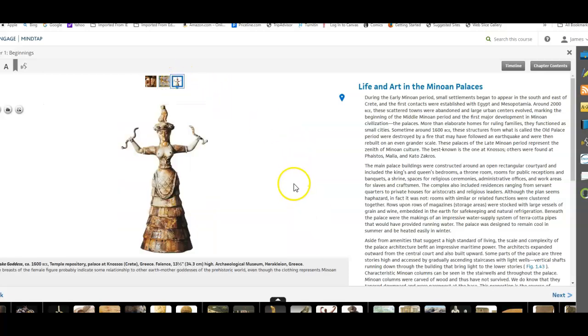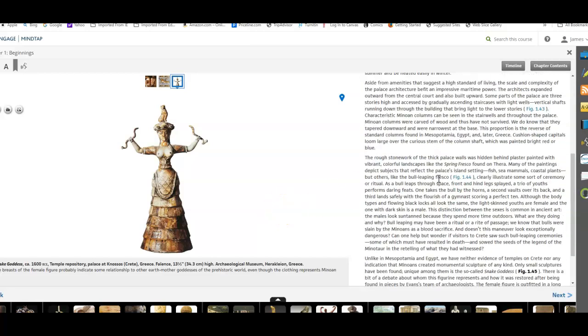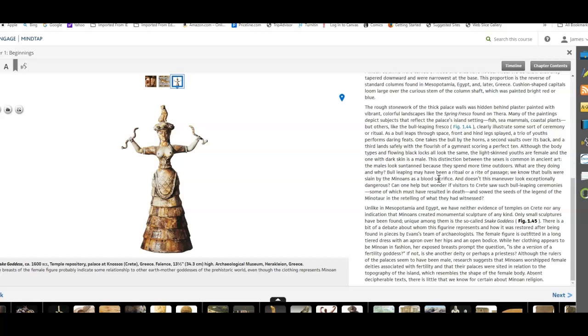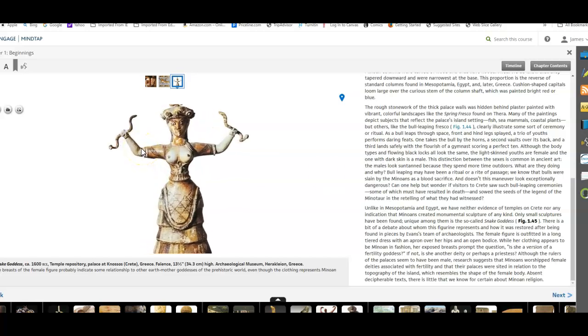This image is the snake goddess, and they tell you a little bit about this down here. The sculptures were found, and there was one called the snake goddess. It asks whether it really represents how it was restored. There were pieces found in different places, and Evans had his people put it together looking like this. Now, do they belong together?